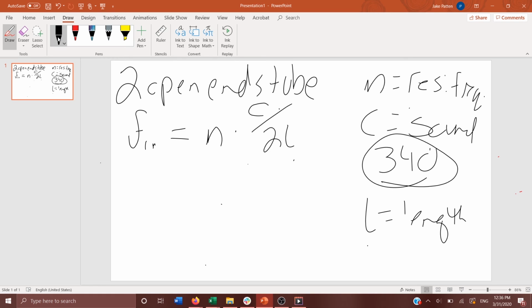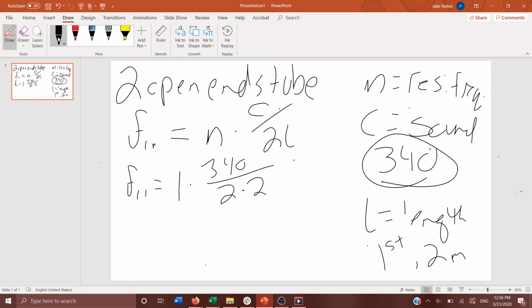Okay, so let's say that we have just like a stupidly long tube, like a 2-meter long tube. This is like a 6-foot tube. I don't know why anyone would have that, but we want to find the first resonant frequency for a 2-meter tube. Again, it's stupid, but anyway, so FR1 equals 1, because our n is 1, so we want to find the first resonant frequency, 340, speed of sound, over 2 times 2, that's the length of our tube.